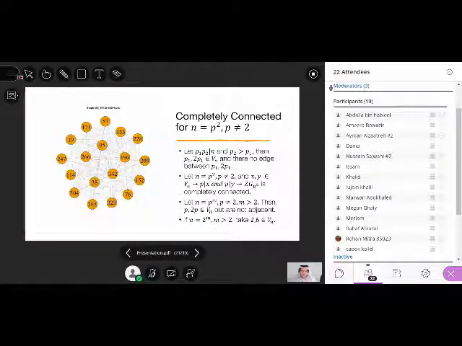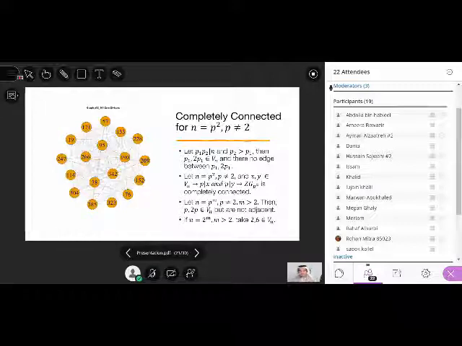So it has to be a product of one prime to some power. Let's see what power, if it is completely connected, that would be. So we let n equal p squared, and p is not equal to 2, as I said, again for obvious reasons. And x, y are in Vn.